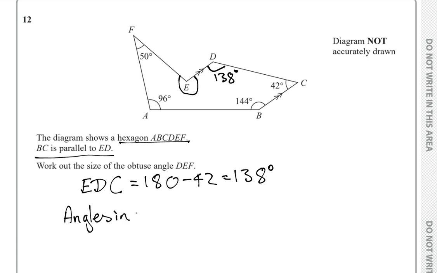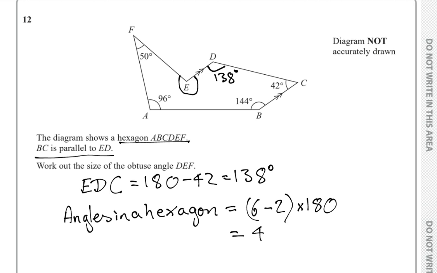Angles in a hexagon, well, I can either go up from a triangle that's 180, square is 360, and keep adding on 180 each time, or I know that it's the number of sides minus 2, times by 180.